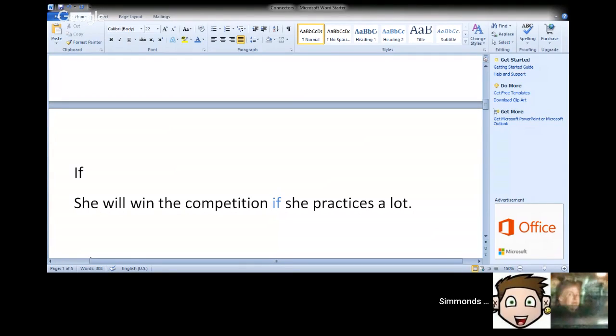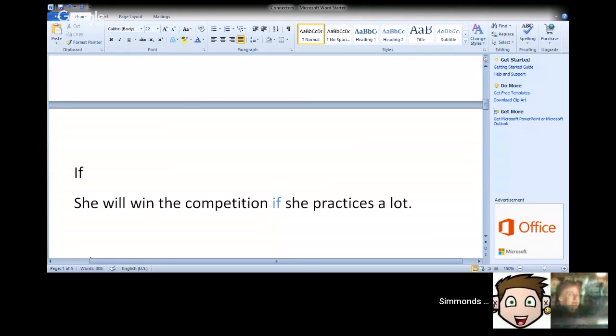Can anyone tell me which conditional this is? And why? That's the trick too. Why? Zero. No, one, I think. The zero? No? I think it's Rafa, do you want to guess?